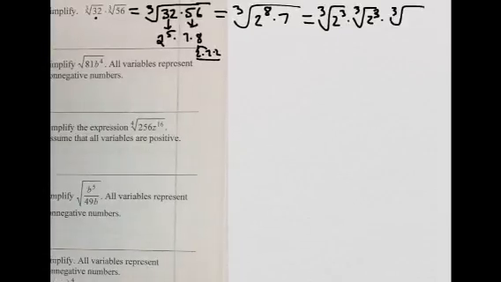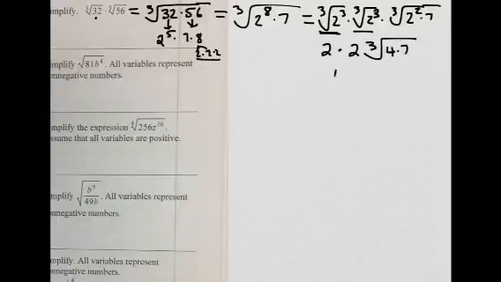And then 2 left over, right? So that's going to be there. And then the 7. Don't forget the 7. So this comes out as a 2. This comes out as a 2. And then inside the radical is 4 times 7. So I've got 2 times 2, 4, times a cube root of 28. And that's the answer for that one.